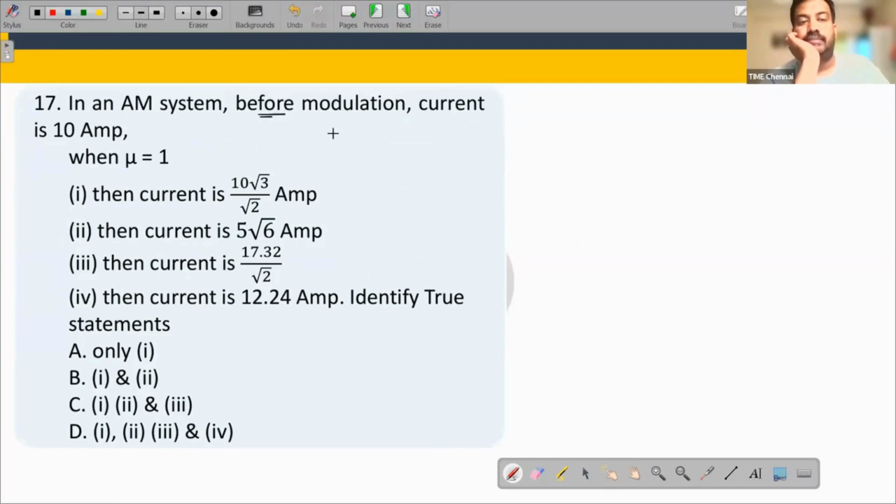In an AM system, before modulation, the current is 10 amp.